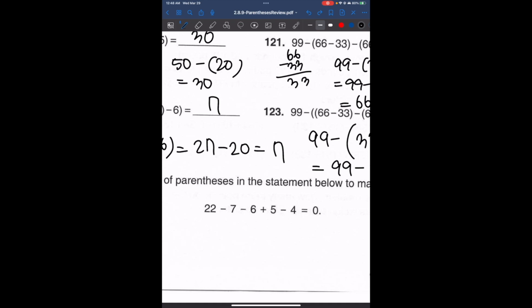So we're going to look for parentheses that help us do that. We're going to try to group two numbers.